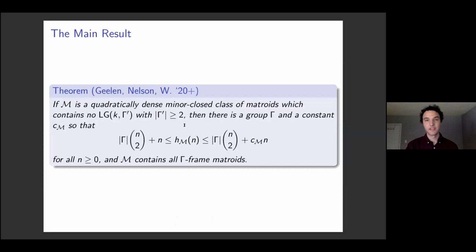So it could definitely contain simple extensions of Dowling geometries. So that's why we can't get an exact bound here. So if we want to get an exact result, we're going to have to exclude extensions of Dowling geometries.